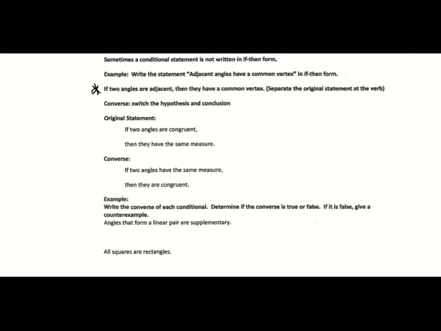So we are separating the original statement where the verb comes in the sentence. It'll make sense as you practice it more too. Okay, so if we look at our original statement, if 2 angles are congruent, this is our hypothesis piece, then they have the same measure, our conclusion.